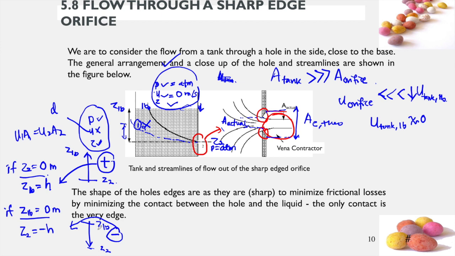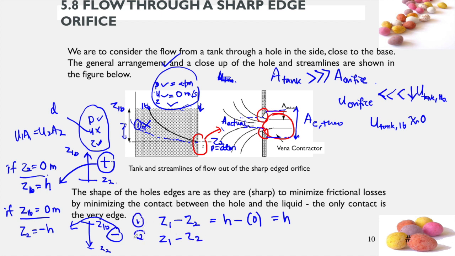Okay, so now you have z1 minus z2. Let's say I take z2 as datum, therefore my z1 is h minus 0. So I will get h here. Let's say this is option number 1.